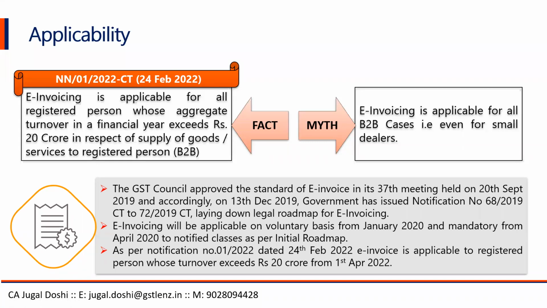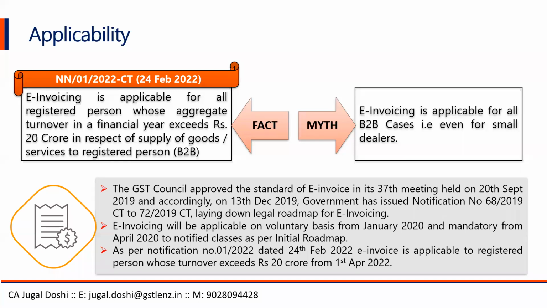So the original proposed was in a financial year, but now they have changed it to any preceding financial year. So how it would impact, we would see in the next slide, but what they see is the aggregate turnover. Here the aggregate turnover should be as per GST. Again, it should be for all the states.